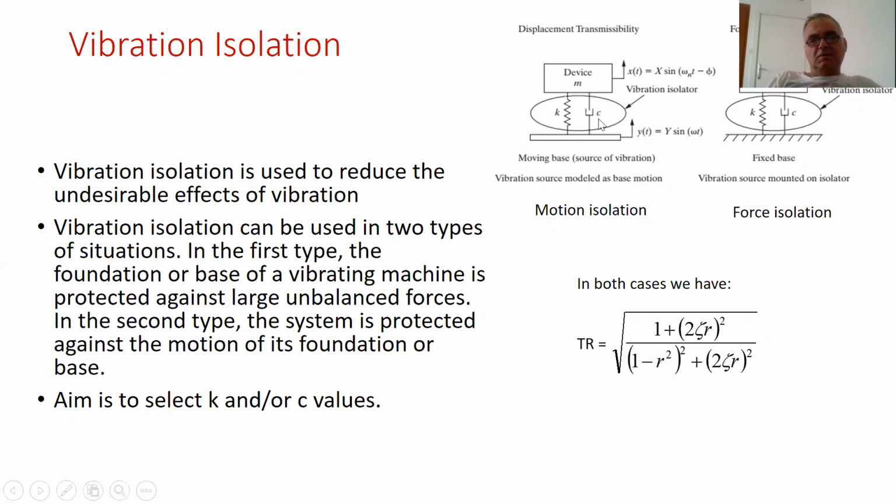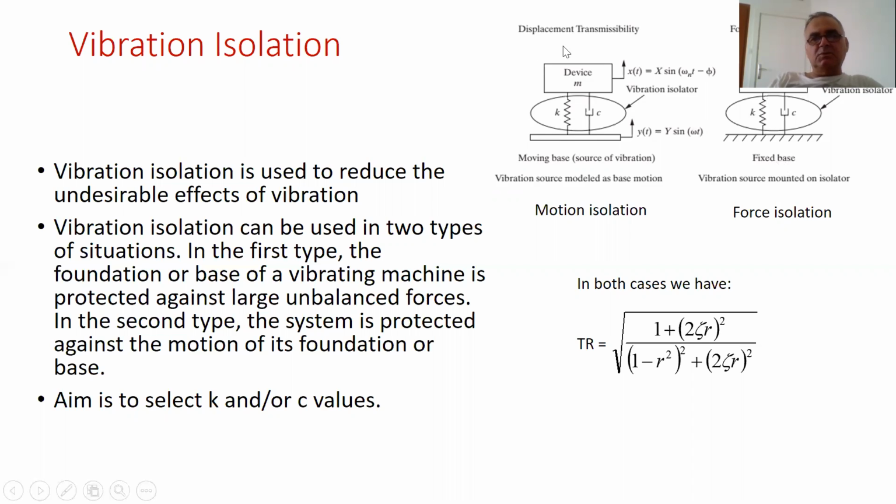Mainly the vibration isolators are the springs and the dampers, and our aim is to determine the spring and damper values so that the vibration in the moving base, or a source of vibration, is not transmitted to the base.